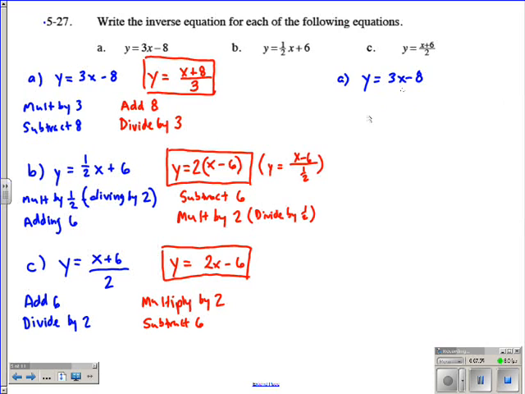If I took this and I made this into x equals 3y minus 8, I just took these two and flip-flopped them. And let's try to put it back into the form where y is by itself. Well, if I want to solve this for y, I'm going to have to add 8 to each side.